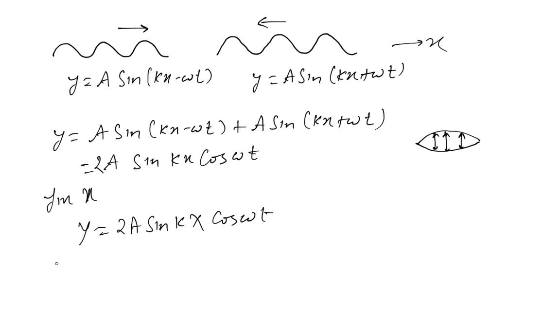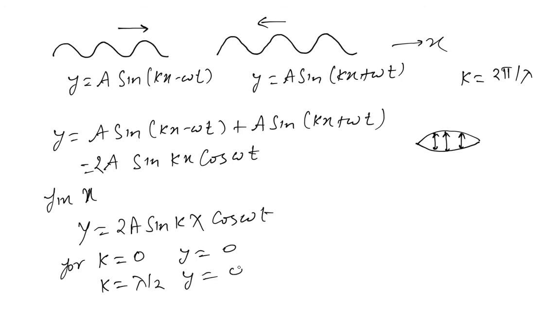Okay, but there are a few more things. We know that k is the wave number, defined as 2 pi divided by lambda.